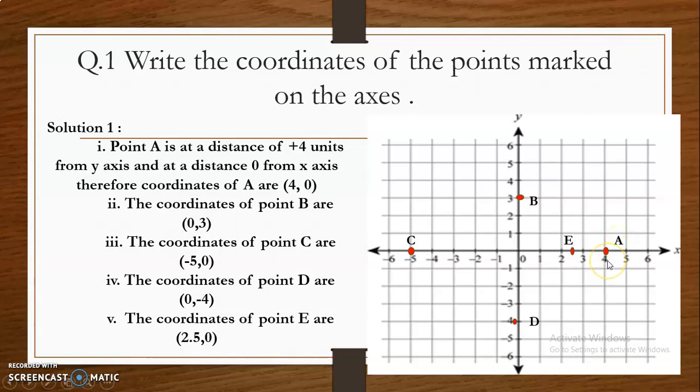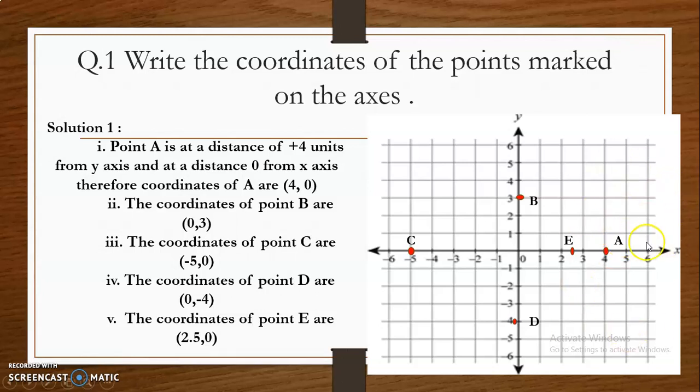Now, the second coordinate is decided by the distance the point is away from the x-axis. But you can see this point A is on the x-axis. It is not away from the x-axis. So the second coordinate becomes 0.